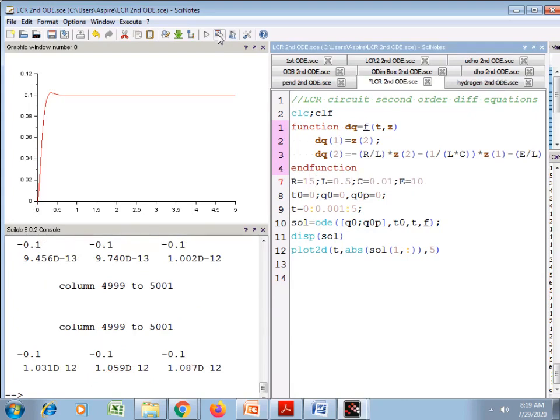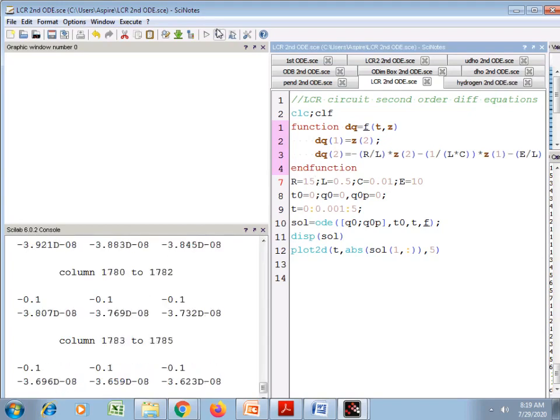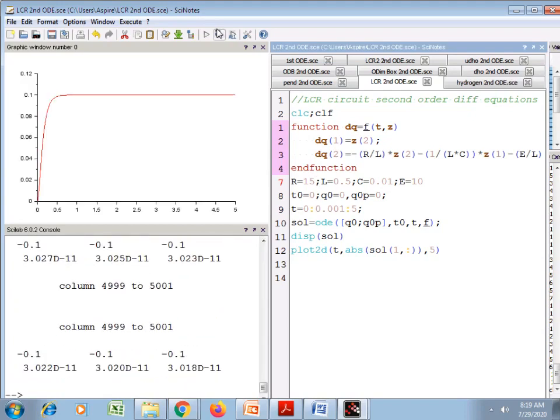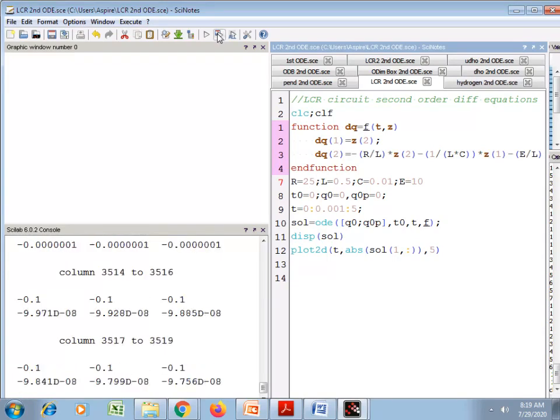Suppose I take 15, this is near about a critically damped case. And if I further increase R, suppose I set it to 20, then it is the over damped case. Again, suppose I put 25 and so on.